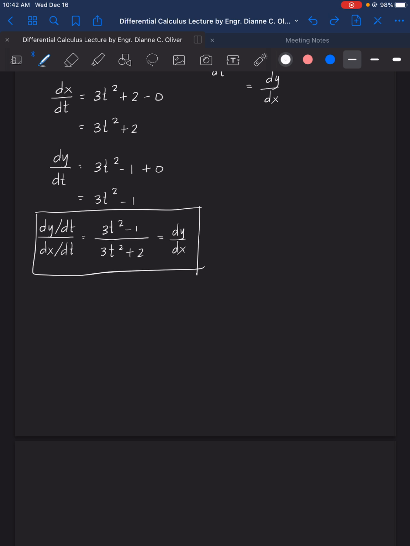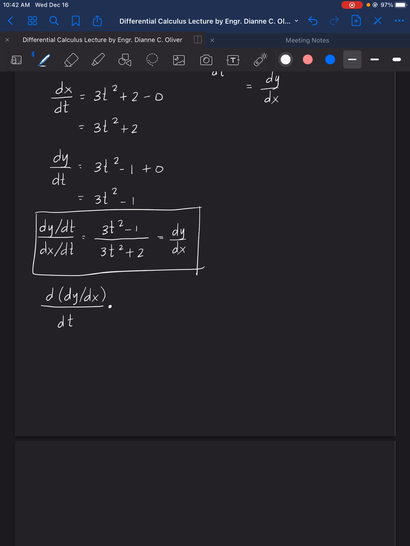Now we will proceed to the second derivative. How would we get the second derivative if the parameter t is still there? Well, we will derive dy over dx with respect to t. But we are only looking for dy over dx, right?